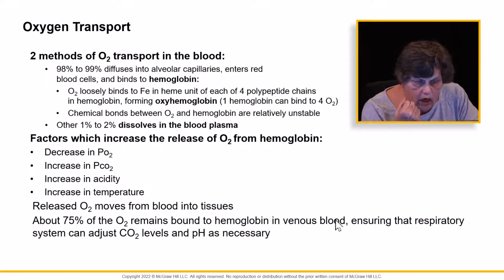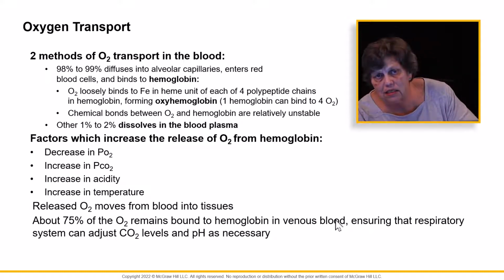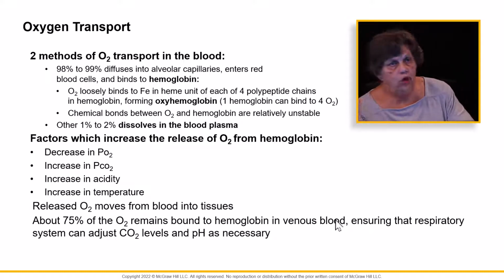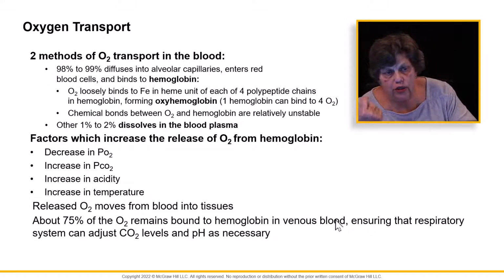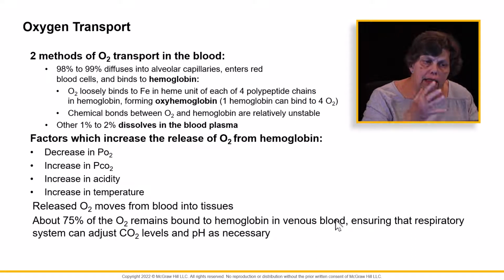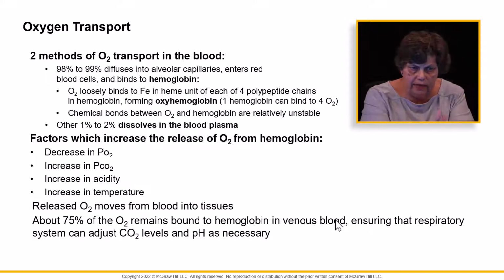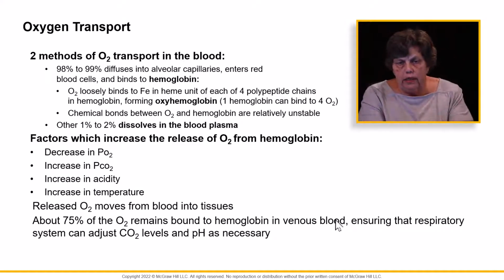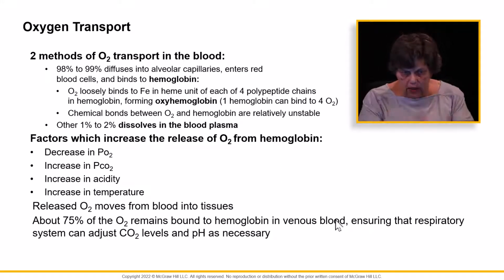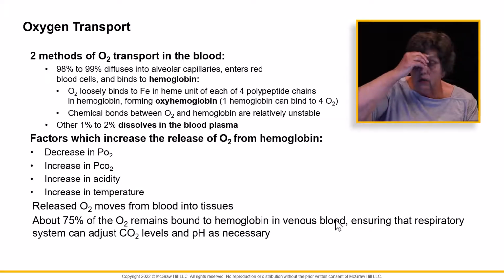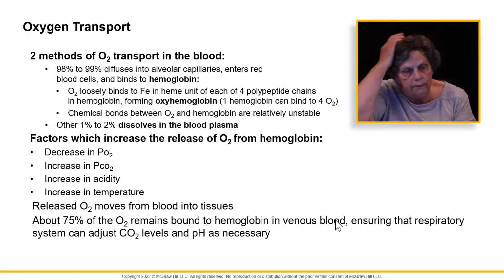So when we talk about your pulse ox and somebody says your O2 saturation is 96%, let's say, that means 96% of that hemoglobin has 4 oxygen bound, okay? That is fully bound. And that's why the lower that number goes, the worse it is, okay?